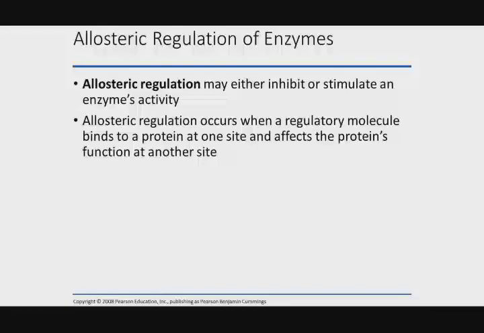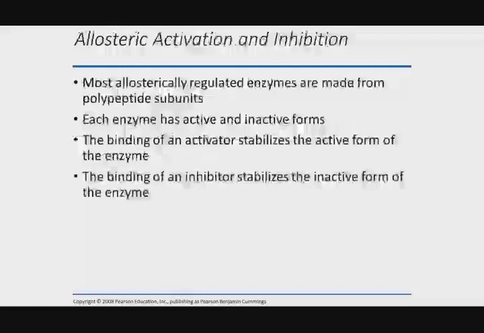So let's take a look at a couple of different ways to control enzymes, and then we'll finish this particular recording. So allosteric regulation is either inhibition or stimulation of an enzyme when you're binding to the protein not at the active site. Right? So oftentimes these are proteins that have quaternary structure, made from multiple polypeptides, right?